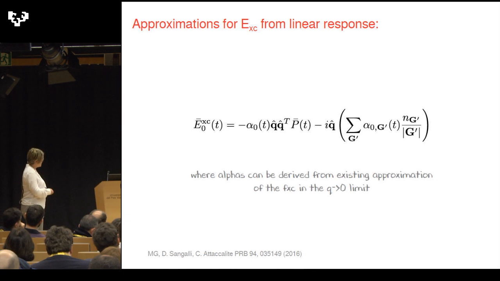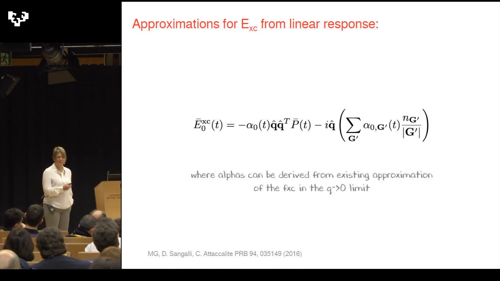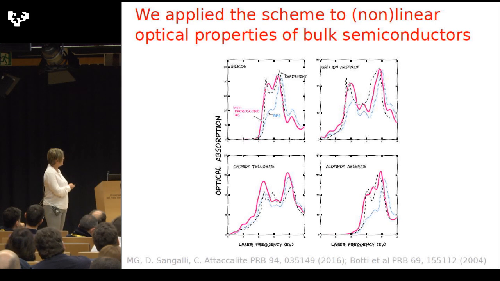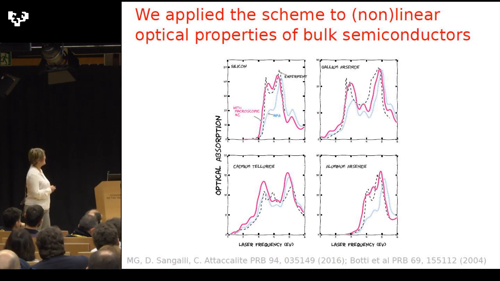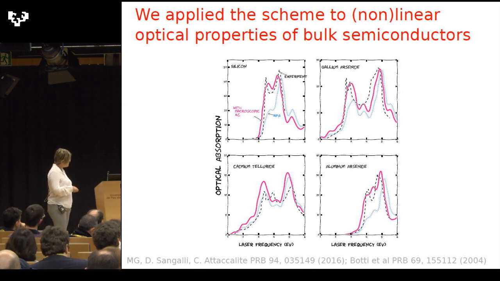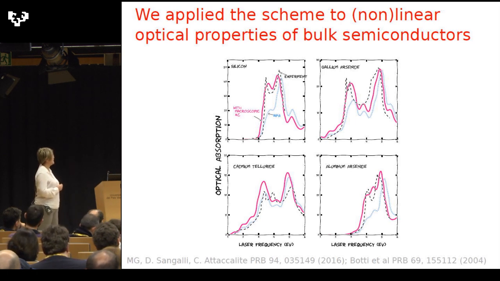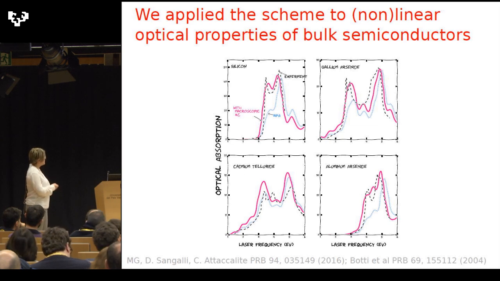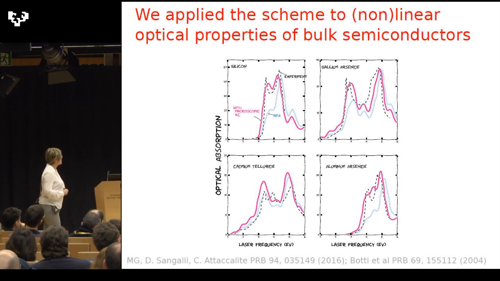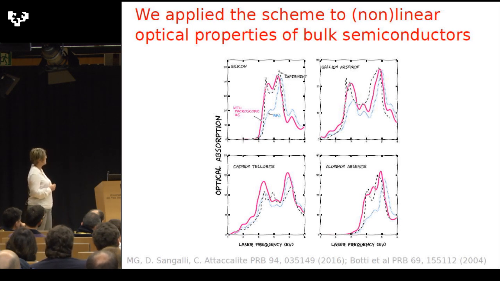So this is what we have done in this paper. There I've looked at several exchange and correlation approximations. Here I'm only reporting the simplest one, which is given by semi-empirical parameters, which are reported in this paper. So here, this is just optical absorption, so I'm just reproducing, in fact, the results from this paper, just to see that everything is fine.